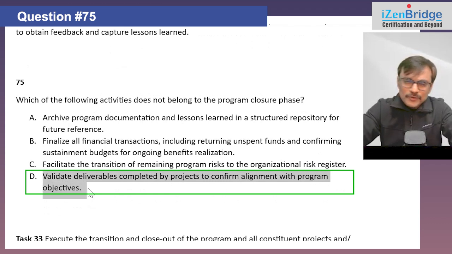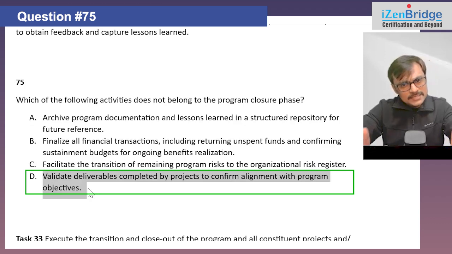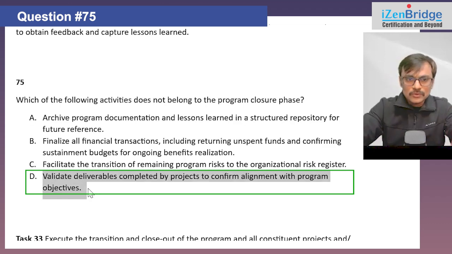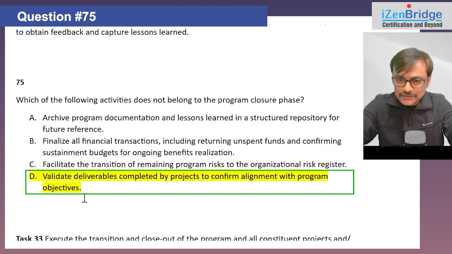We want to do it as part of the program delivery phase. As the components are getting closed, component closure is not waiting till program closure. We are expected to close our components as things get done. So out of the four available, this seems to be not an activity which belongs to the program closure phase.